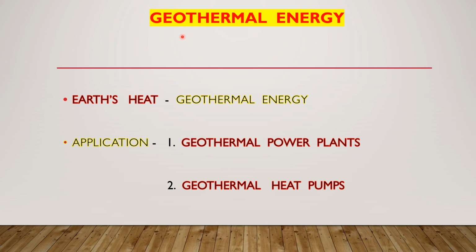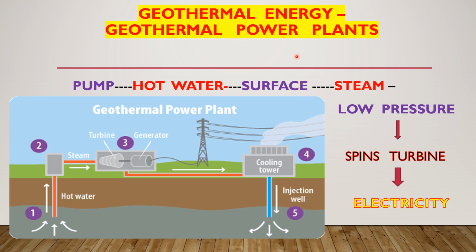Next, coming to the very interesting geothermal energy. Geo means our earth. Geothermal power plants and geothermal heat pumps are very useful technologies. Let's go through it. In geothermal power plants, what happens?